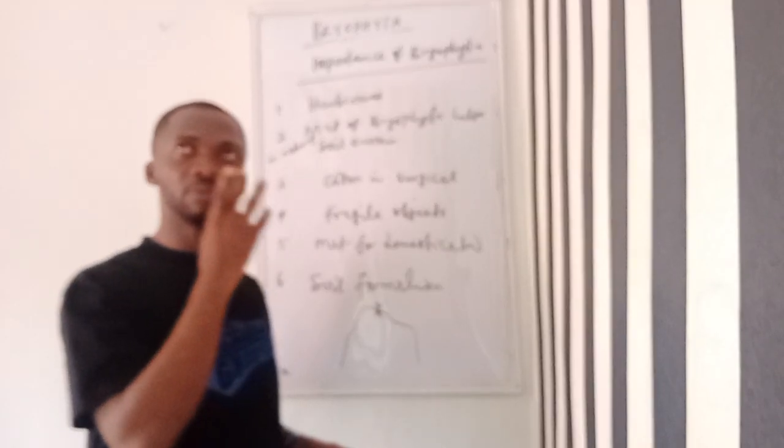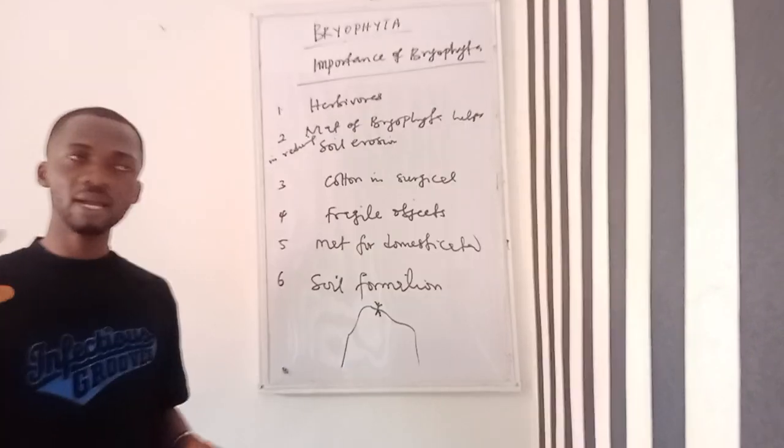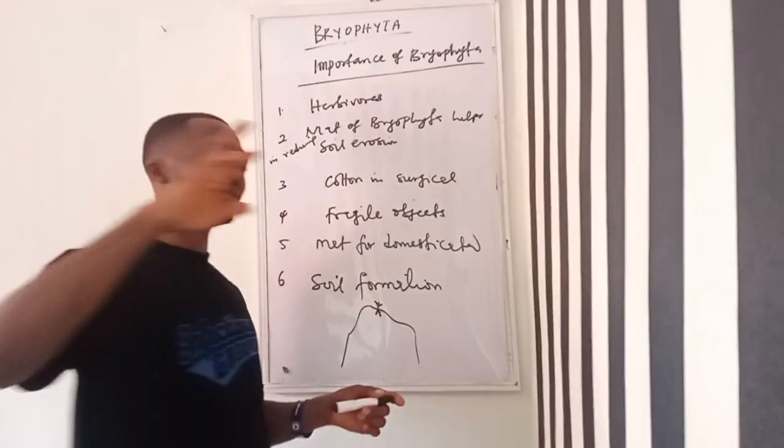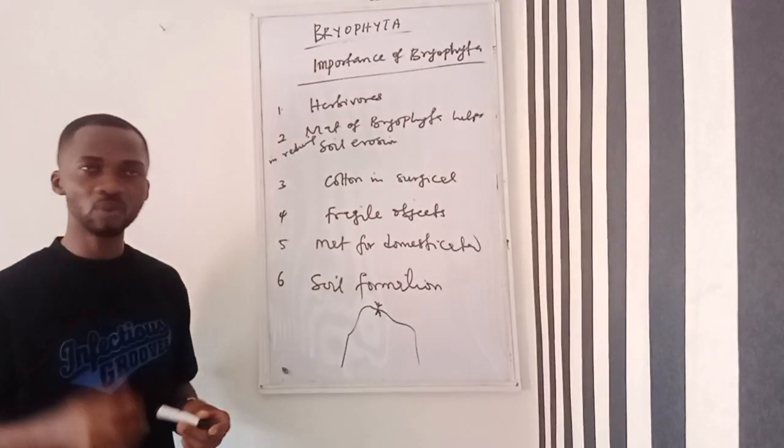We also have some bryophyta that have a kind of leaf-like structure made up of dead cells that can retain water.